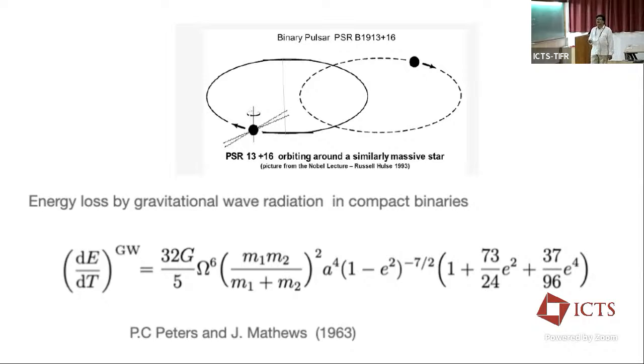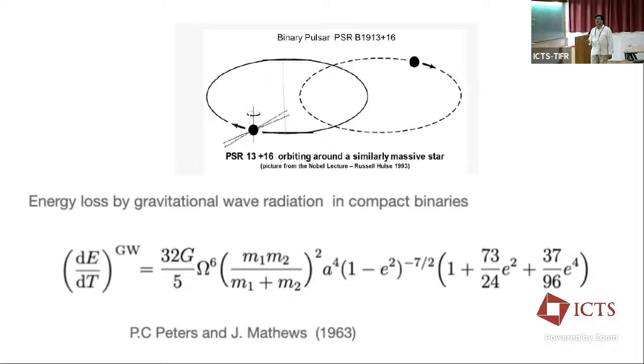And after many years of observation, they could track the orbit, so they could tell the masses and the distances and the eccentricities of this orbit. And from that, they inferred that there is a loss in the time period.